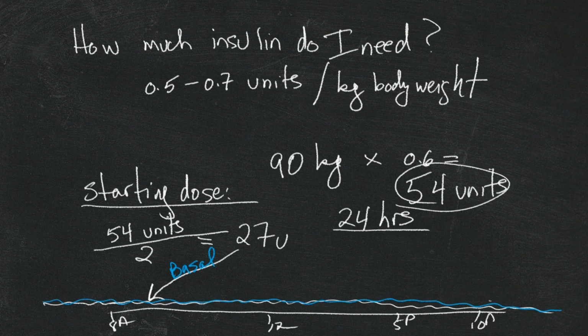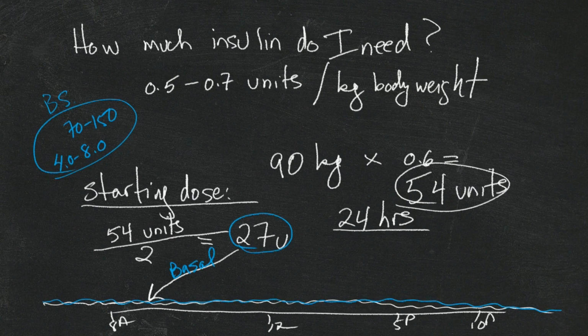It's approximately the amount of insulin I need to keep me in my target zone, which is 70 to 150 or 4 to 8. If I don't eat or don't do anything, this background amount of insulin should keep me in that target range for my blood sugars.